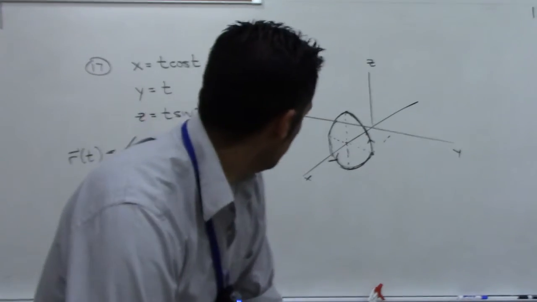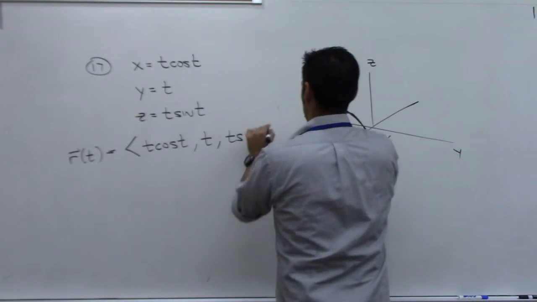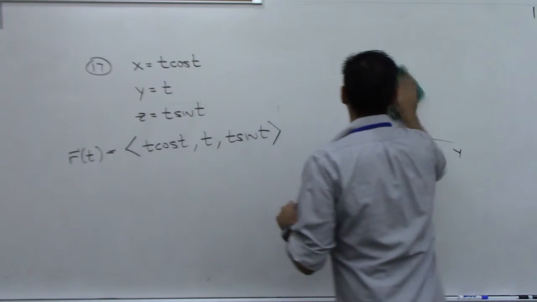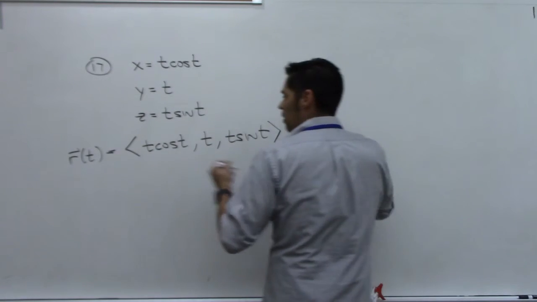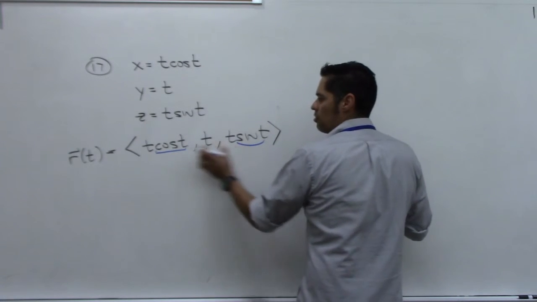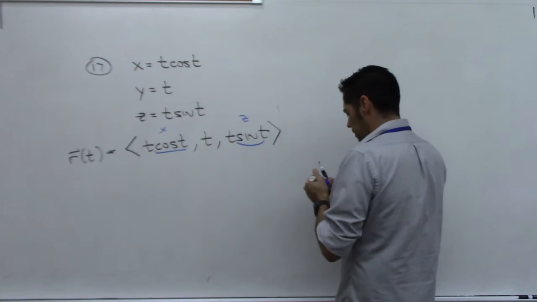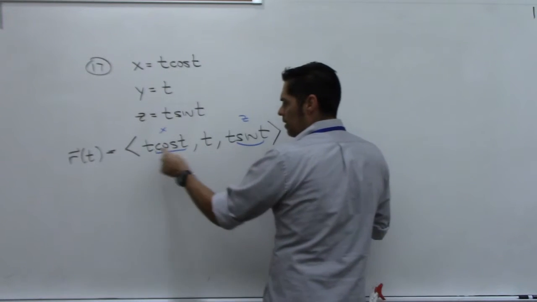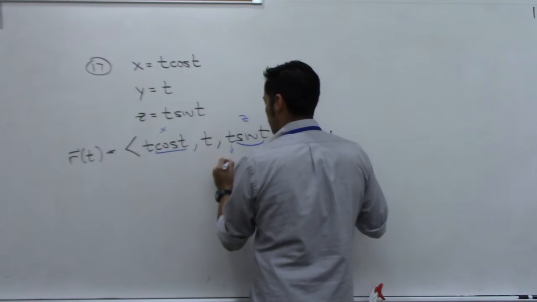So what's happening here when we draw this? Well, notice the cosine t sine t, if that's all we had for these, then it would just draw a circle in the xz plane. But the fact that in front of these I have a t means that the radius is getting bigger.